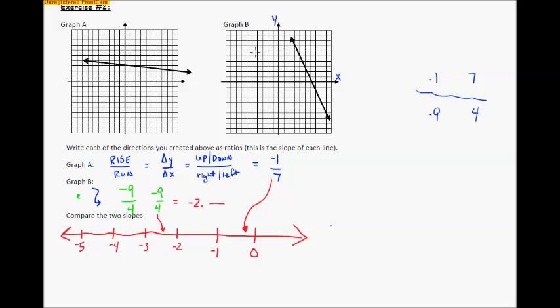But when you're talking about slopes, if you want a bigger slope, you go with the steeper line. So in these two, I would say that graph B definitely has the bigger slope. You have to be careful with dealing with negatives like that.